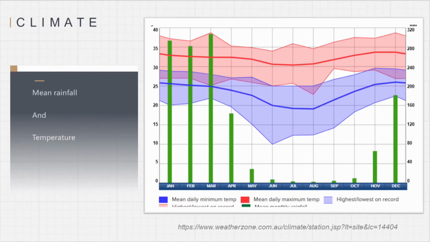Next, I will talk about the climate of Milingimbi. Based on the Milingimbi airport weather data, the mean daily minimal and maximal temperatures are around 20 to 25 degrees and 13 to 33 degrees. In Milingimbi, the rain and cyclone season runs from November to April.